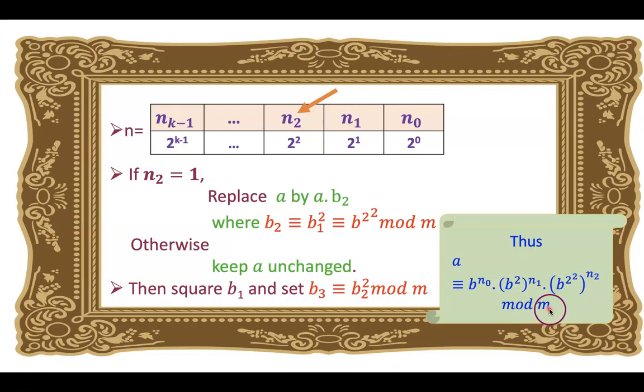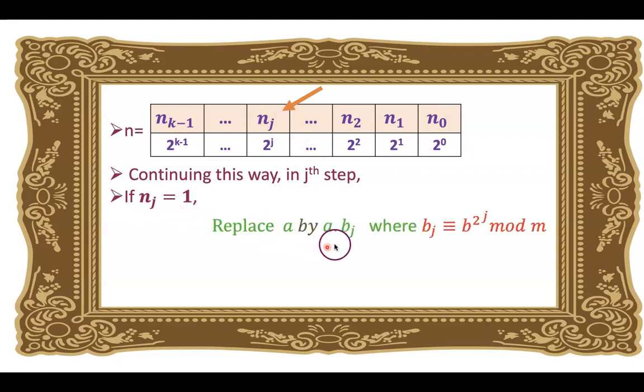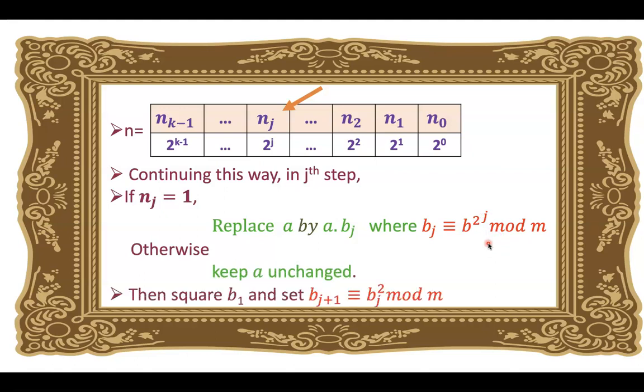Continuing this way, in jth step, we will be checking the digit nj, and if nj is equal to 1, we replace a by a into bj, where bj is congruent to b raised to 2 raised to j modulo m, and otherwise we keep a unchanged. And we calculate bj plus 1, which is congruent to bj square modulo m.